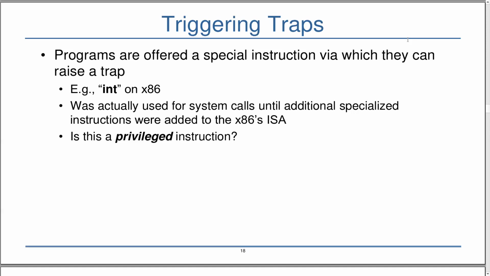What causes a trap here? Executing int itself and then saying, okay, something bad happened, let me go back to the OS? Or int itself is fine, but it still triggers a trap?